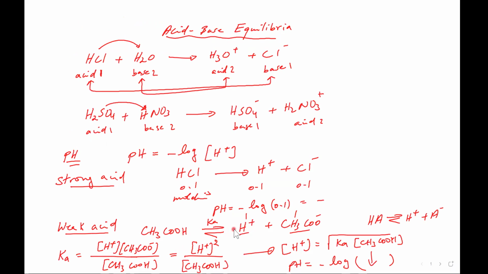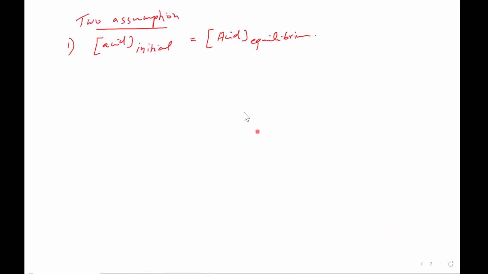Although the dissociation, yes, is so small, still part of the ethanoic acid dissociated into H positive and ethanoate ion. We, as an approximation, or as an assumption, consider that the concentration of ethanoic acid initially is equal to the concentration at equilibrium after it dissociated. This is the first assumption.